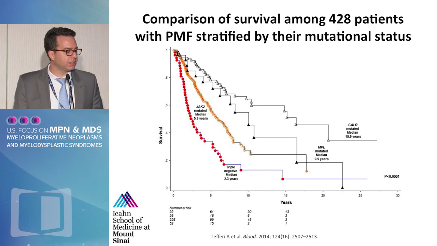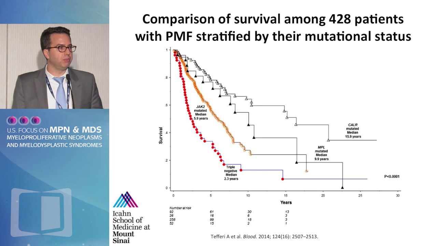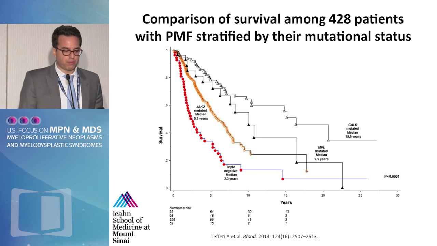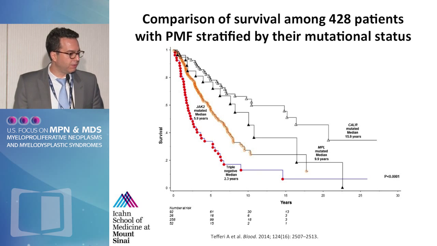And in this analysis, compared to triple negativity, which means the lack of any of the driver mutations, 6.5% risk of leukemic transformation in the CALR group versus 25% in the triple negative group. So clearly this molecular profiling can also give one a sense of inherent risk of leukemic transformation.